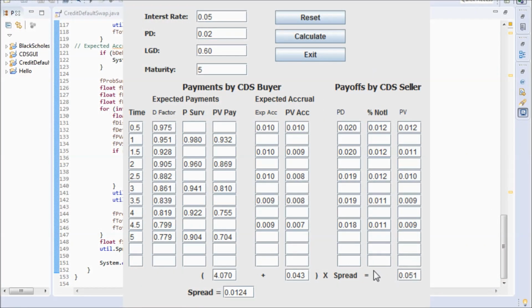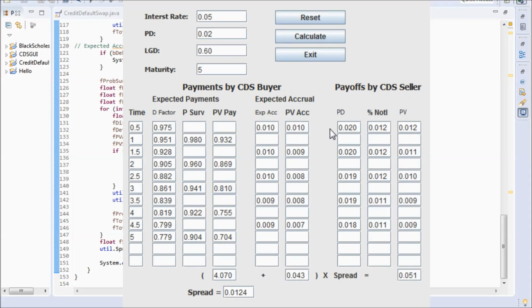On the right side, I calculated the payoff by the CDS seller. This part shows in case the bond issuer did default, how much the CDS seller should pay.